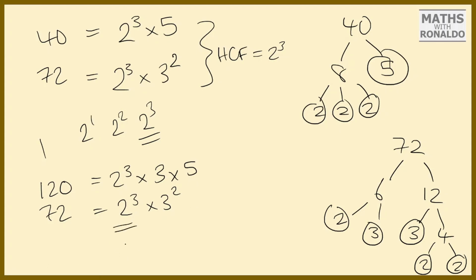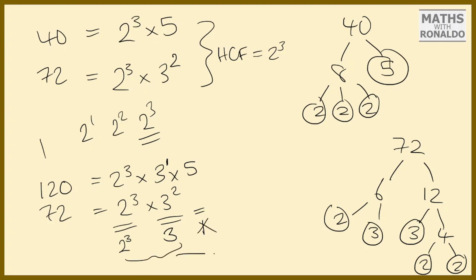We look at the 2's, the highest common factor between them is 2 to the power of 3. We look at the 3's, well, now the highest common factor is just 3 to the power of 1, and that's a 1 that you don't need to write, so it's just 3. Then we look at the 5's, well, we don't have a 5 in 72, so the highest common factor is just 1, or in fact you don't need to write anything there.